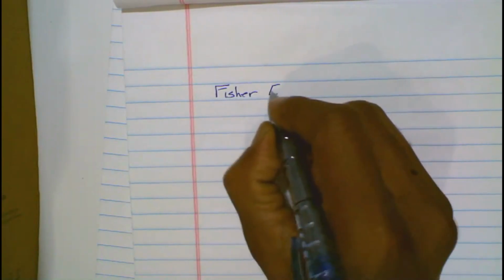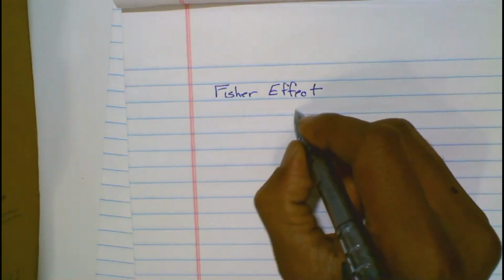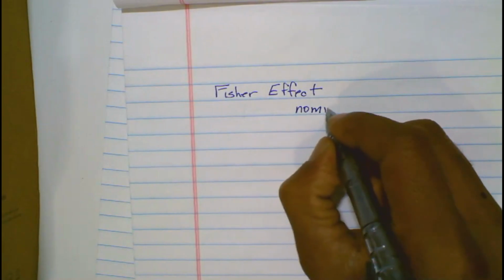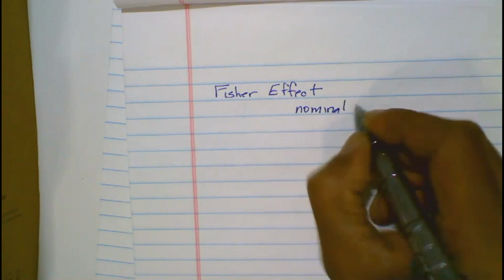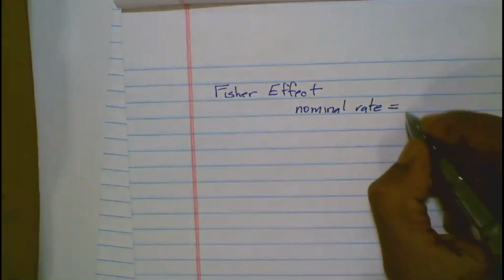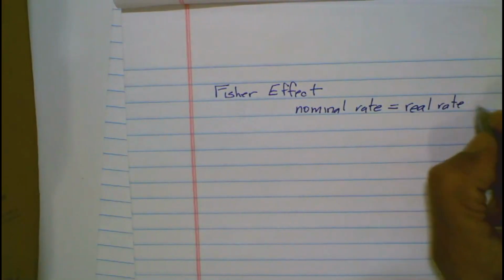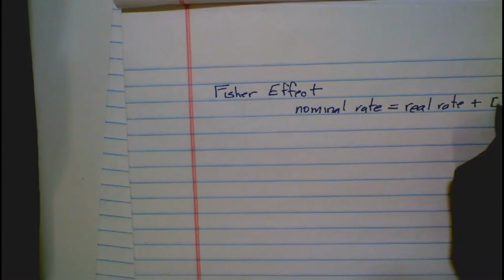Right, the Fisher effect is basically that inside a nominal rate are two components. There's a real rate and an expected inflation rate.